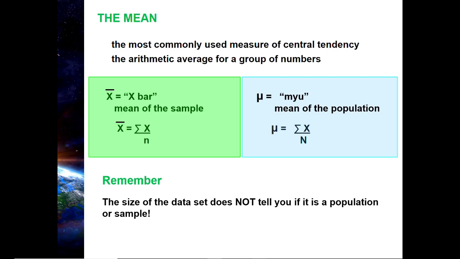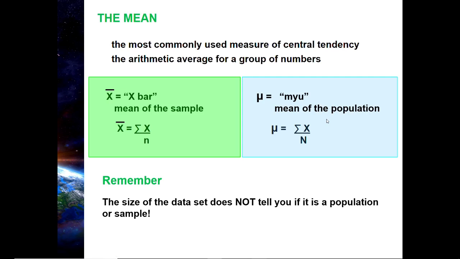We also talked a little bit about the mean and how you can calculate the mean of a sample, in which case it would be this green box here. And we talked about the mean of the population. So if you calculate the mean of a sample, what you're doing is calculating an estimate. And if you calculate the mean of the population, that's a parameter.